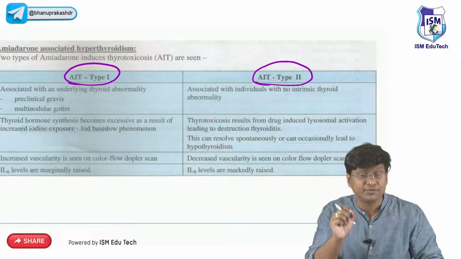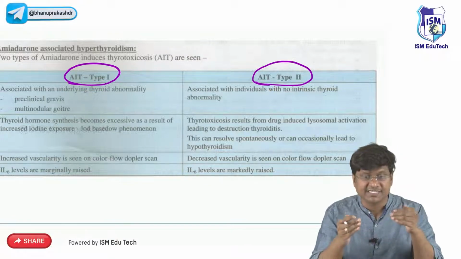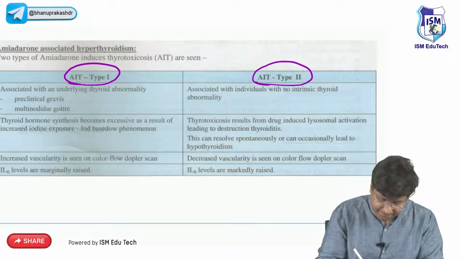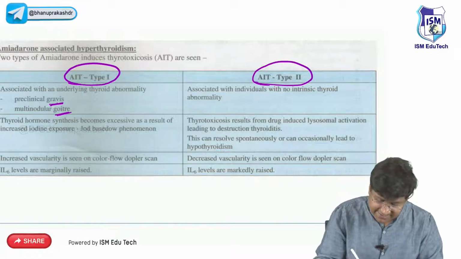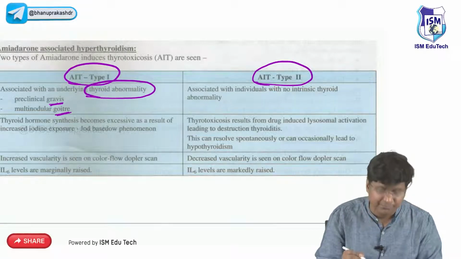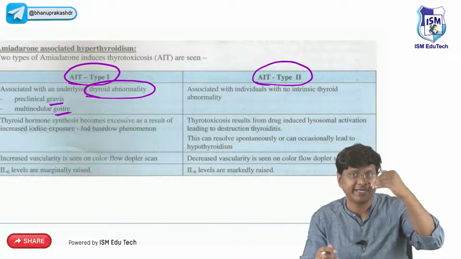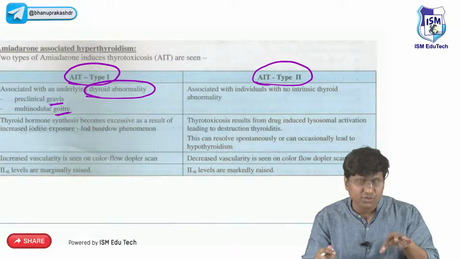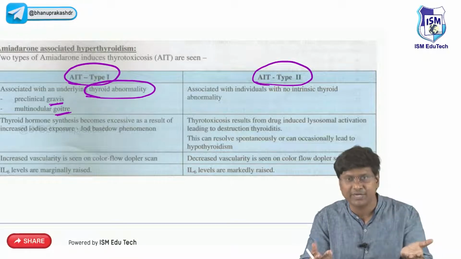Now, what is amiodarone-induced thyroiditis type 1? It is seen in individuals who have preclinical Graves' or some abnormal multinodular goiter. So there should be an underlying thyroid abnormality for an individual to develop type 1. And what does amiodarone contain? Amiodarone contains iodine.